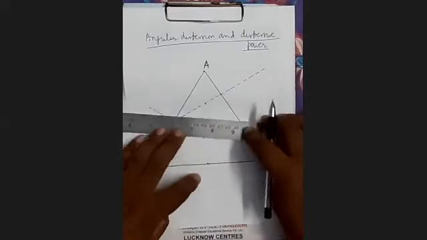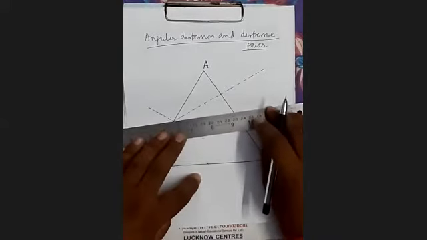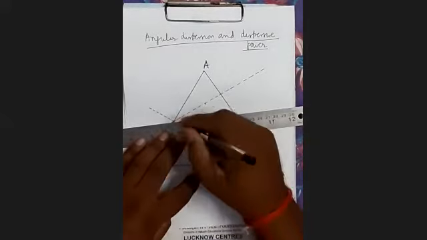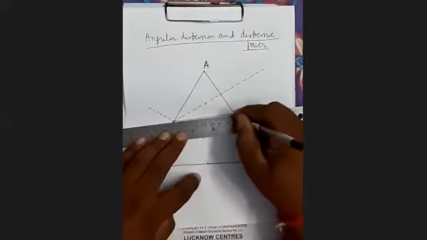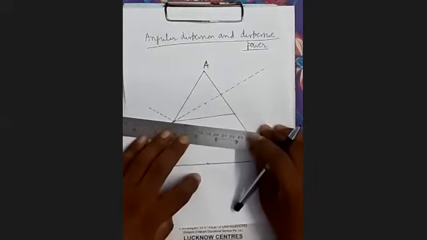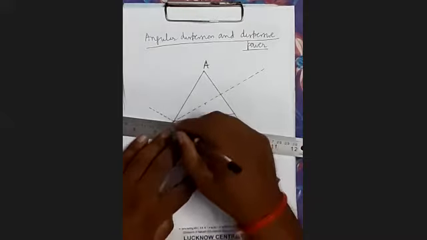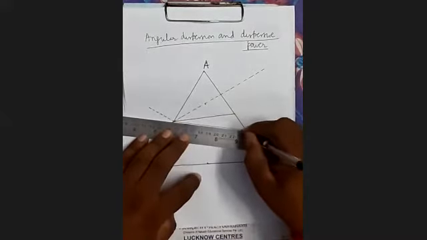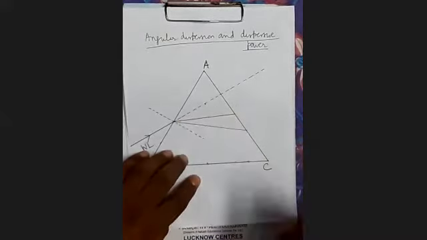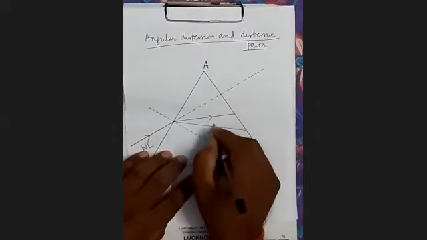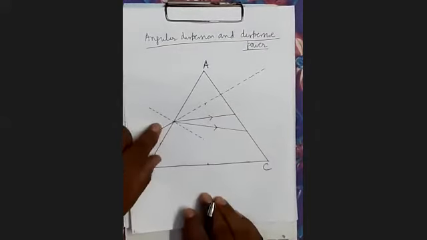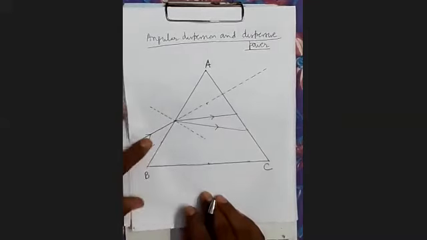So here suppose the red color ray of light goes like this, and this is the violet. When they fall upon the surface AC, here on surface AB there will be dispersion as well as refraction.